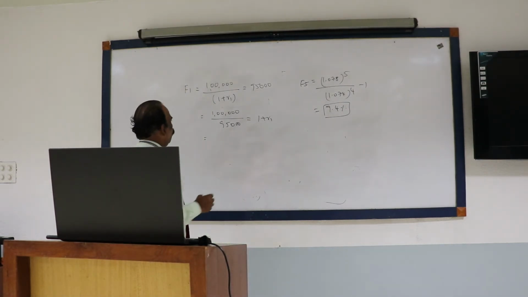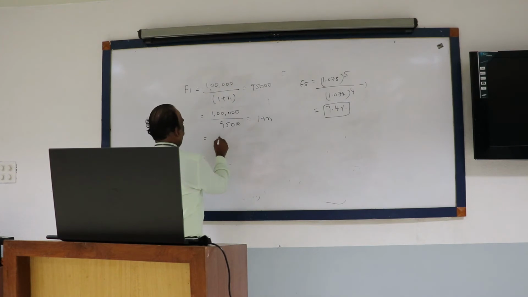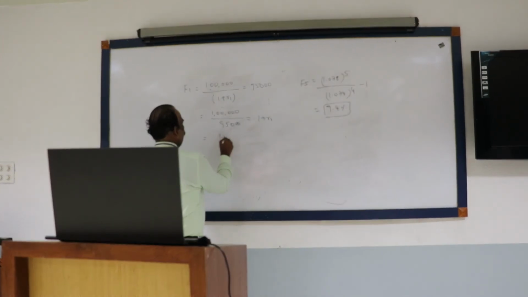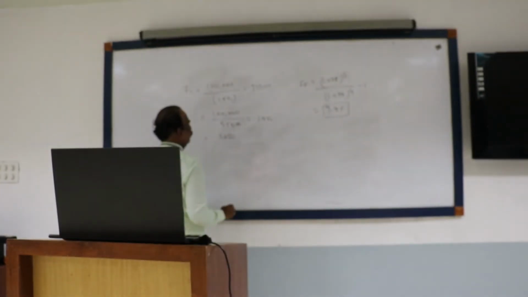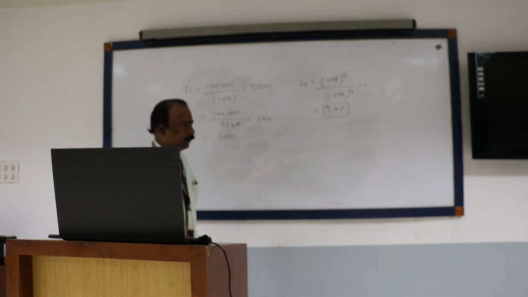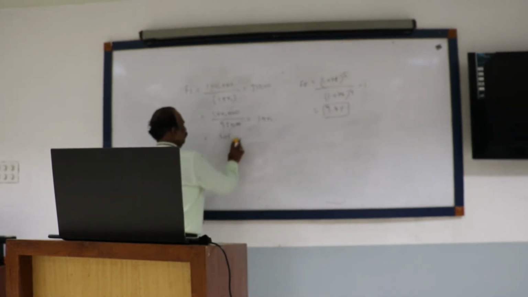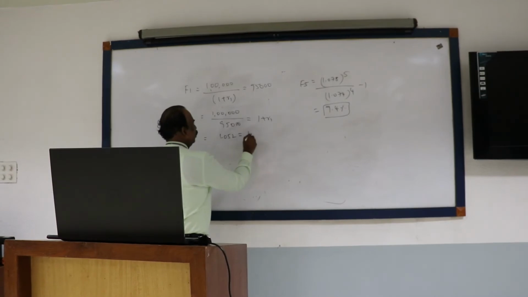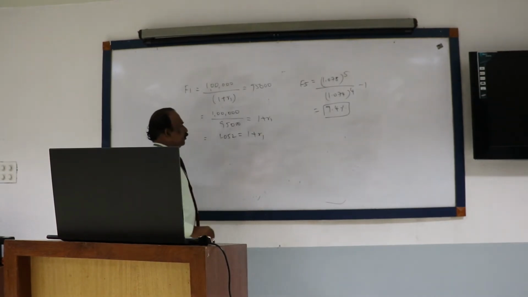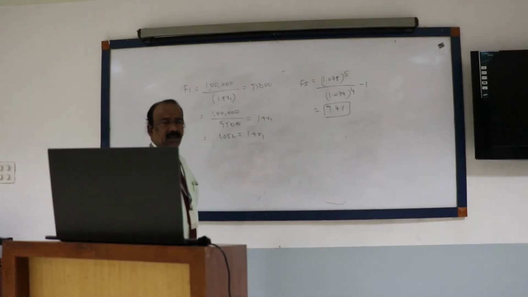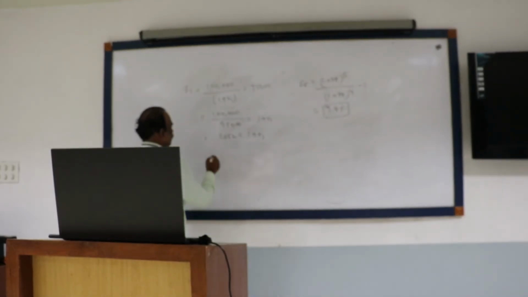1.052. Correct? 1.052 is equal to 1 plus R1. So bring that 1 to this side, it will be minus.